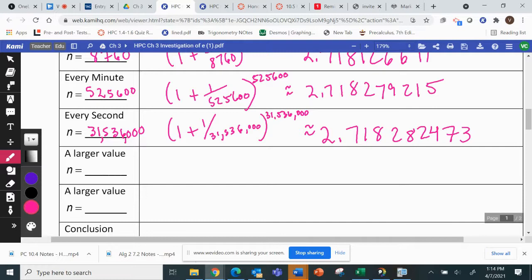If you don't have that answer yet, pick another larger number while you're waiting. If you haven't gotten there yet, then keep going. But if you don't have the answer to my question, what number is it getting closer and closer to when you pick larger numbers? Try another number.